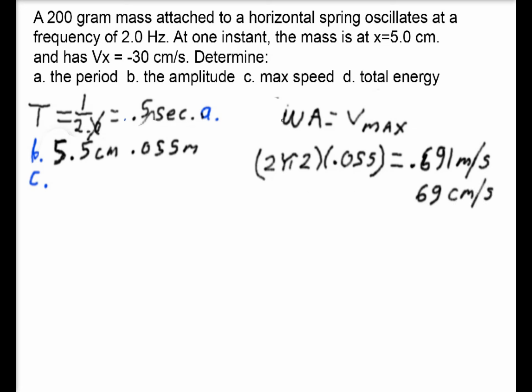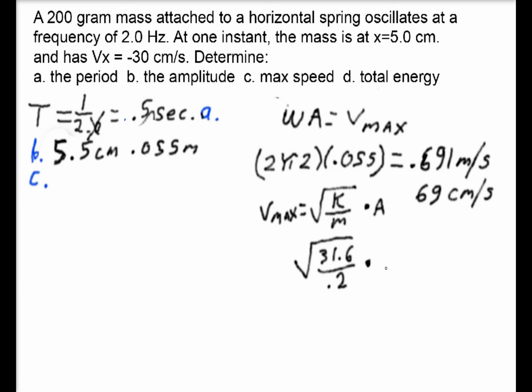Another way to figure that out is with the equation v max equals the square root of k over m times A: the spring constant 31.6 over the mass of 0.2 kilograms, multiplied by 0.055.